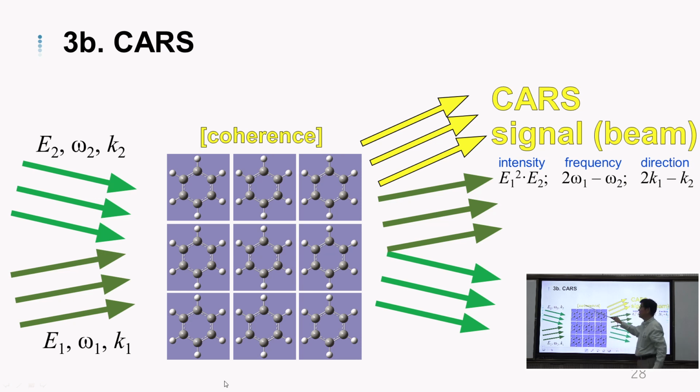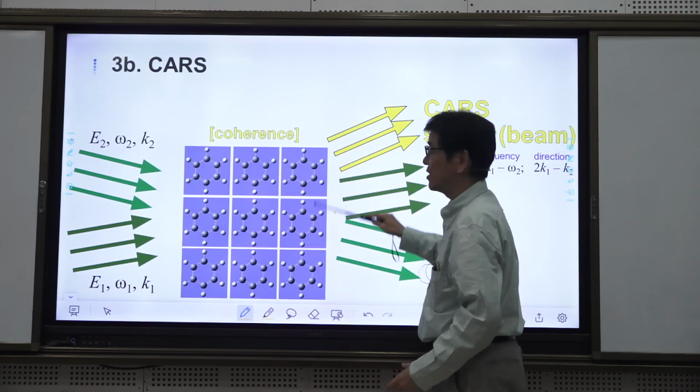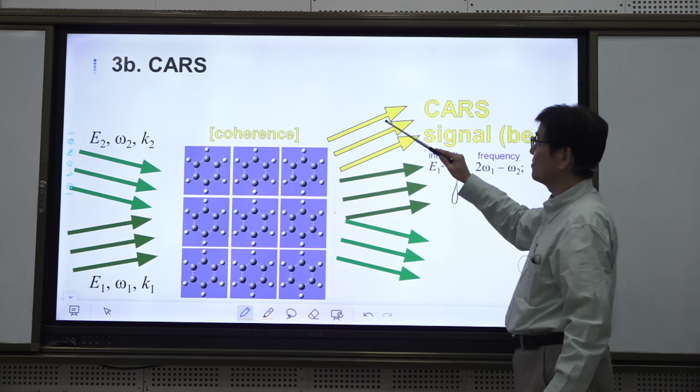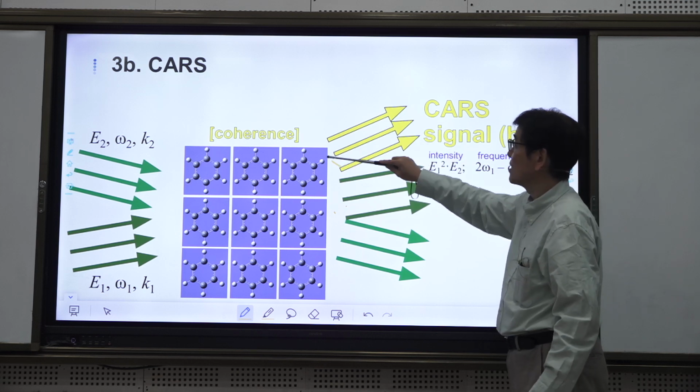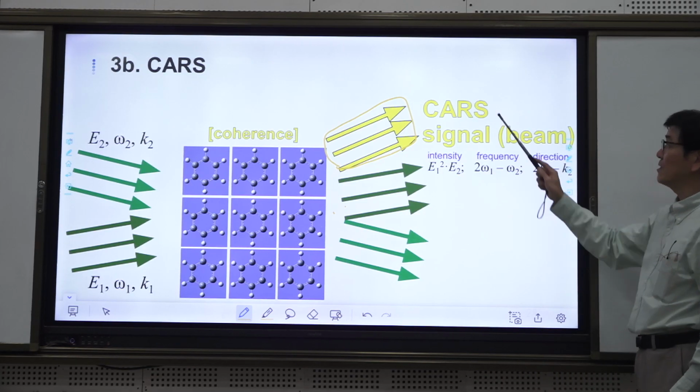That is, the molecular vibration occurs in a coherent manner, having the same phase due to the interference or fringe between these two beams. And the coherent vibration of the molecule interacts with E1 again. Then, as a consequence, a Raman signal appears in a new direction. This is the CARS signal.